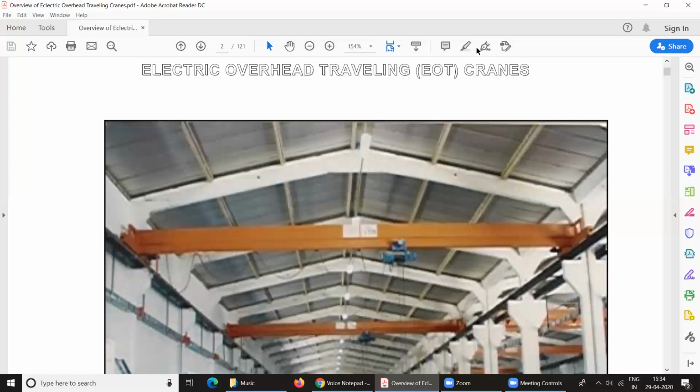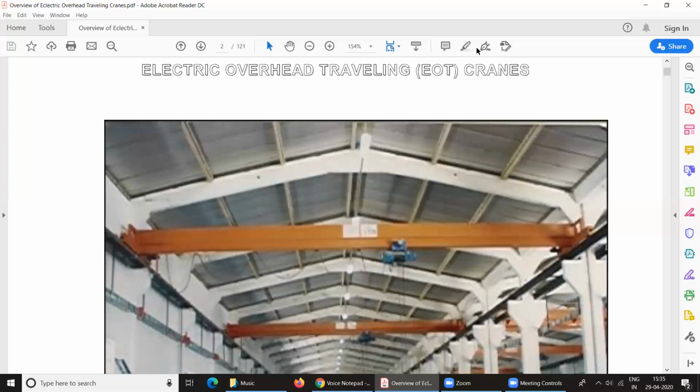A crane essentially consists of number one, a steel structure; number two, a hoisting mechanism or a winch mechanism with its pulley system; number three, suitable load handling attachments; and number four, a drive and control.